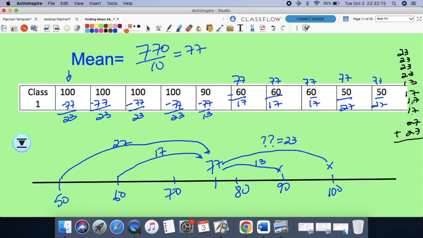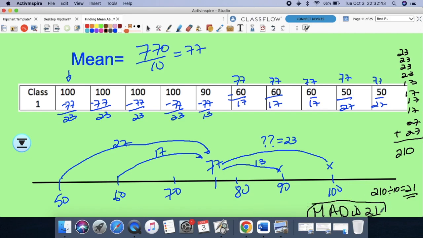We're going to add them again. In your calculator, 23 plus 23 plus 23 plus 23 plus 13 plus 17 plus 17 plus 17 plus 27 plus 27. Enter, we get 210. So we take 210 divided by 10, and we get 21. So the MAD is 21.